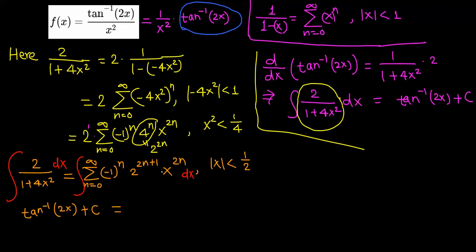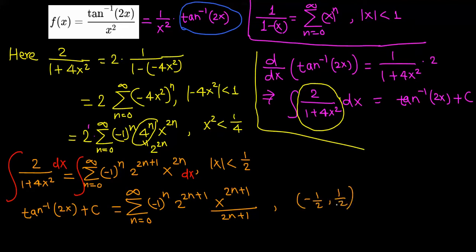So this integration in fact applies to x raised to 2n. This is now the sum, n from 0 through infinity, of (-1)^n, constant, and we got 2 raised to 2n plus 1, another constant. Now we integrate x raised to 2n from the power rule, that's x^(2n+1) divided by 2n+1, and this is still valid, absolute value of x less than 1/2, which is the same as -1/2 to 1/2.